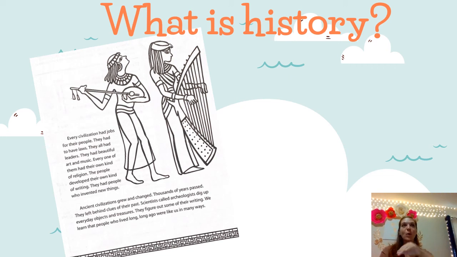Okay, you guys see where the archaeologists go out and they dig things up out of the deserts, and then they find things that represent the civilizations from thousands of years ago. They figure out some of their writing. We learn that people who lived long, long ago were like us in many ways. Ooh, it'll be fun to find out.